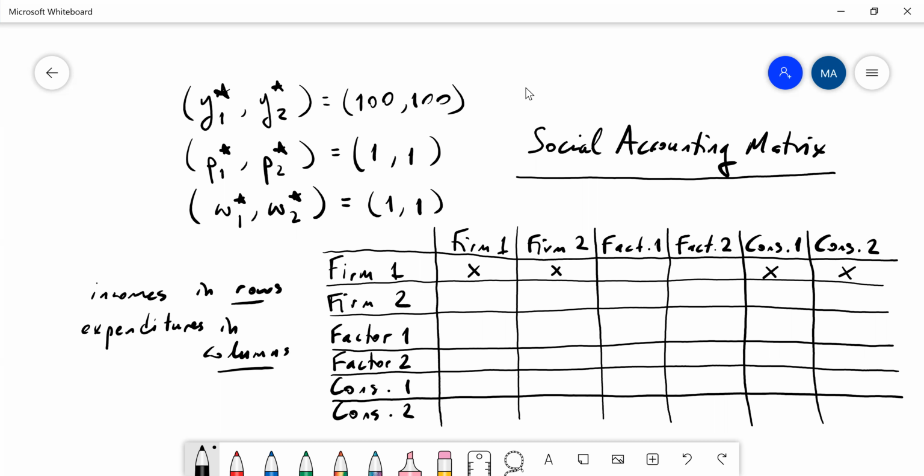Because consumer 1 and consumer 2 are just buying the output produced by firm 1. So that's it. Now what happened? Well, firm 1 produced its output, and it sells some portion to firm 2, another portion to consumer 1, another portion to consumer 2, and the rest is used by firm 1 itself. All right? So the incomes of firm 1 will be basically recorded in this way.